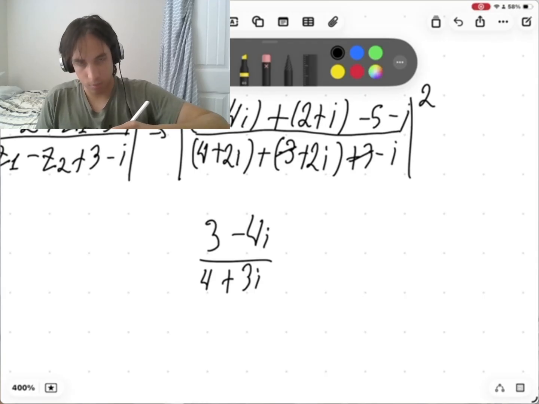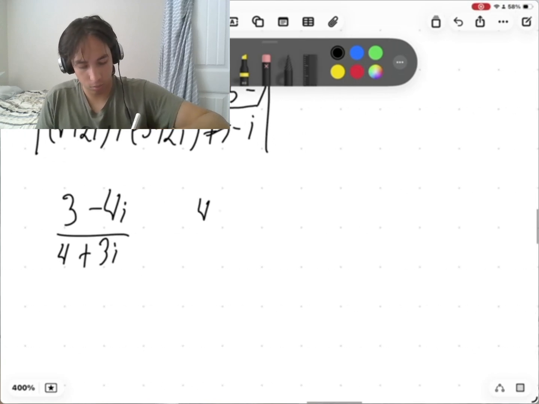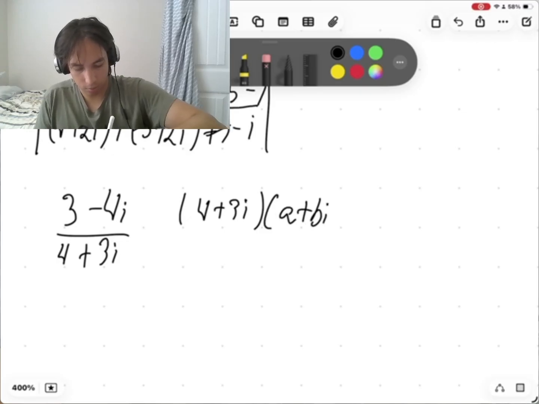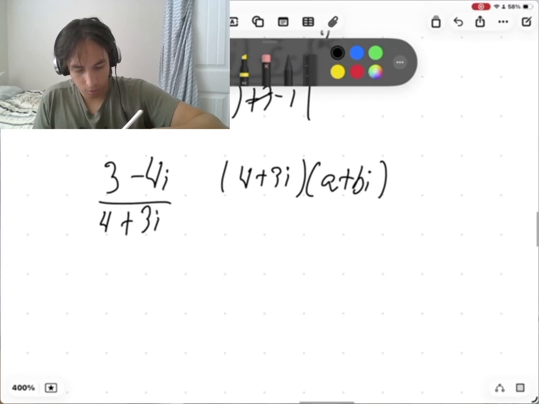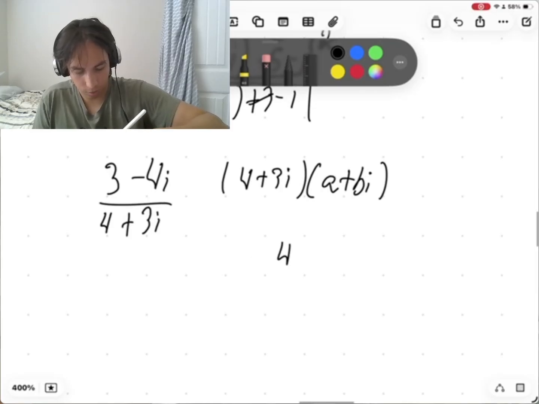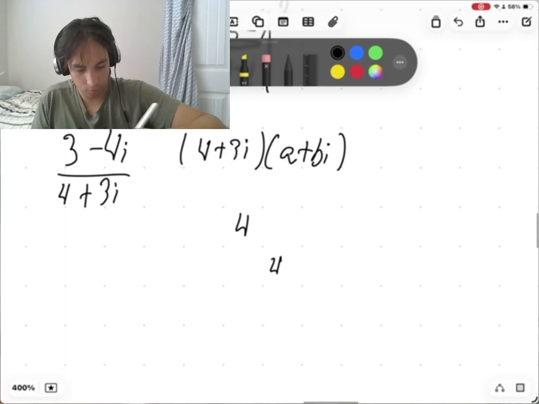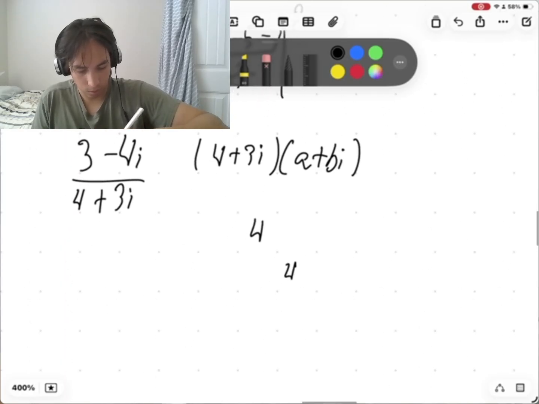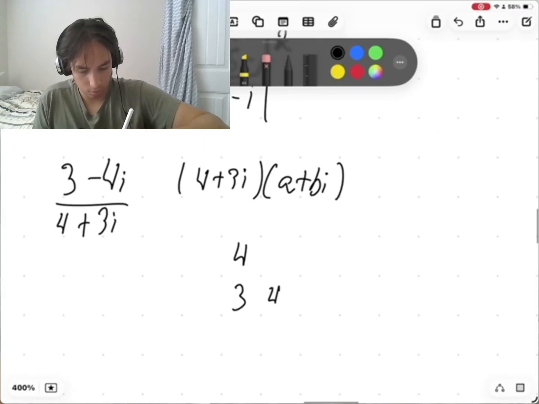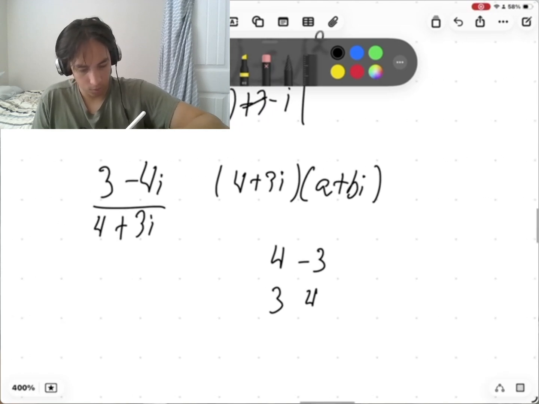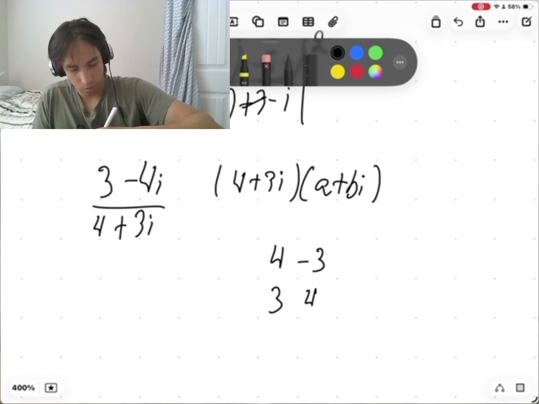And, I mean, we can actually do the matrix thing, so a plus bi. So we have, I'm going to try to do it like this. We have 4, 4, and we have 3, negative 3, is 3 minus 4.